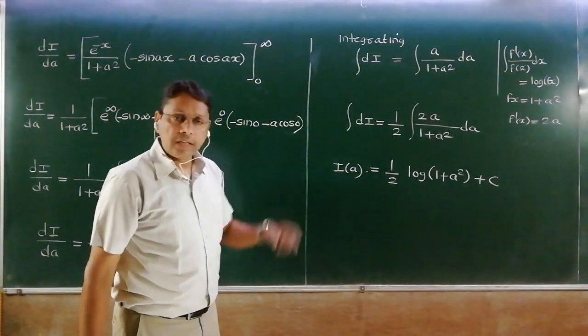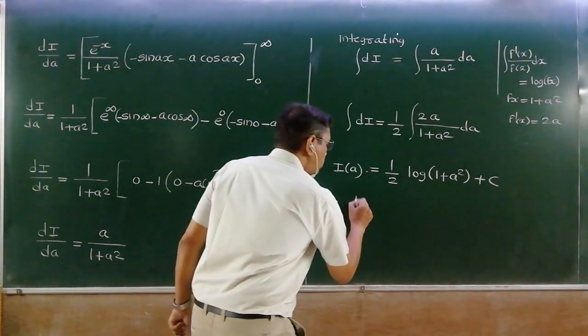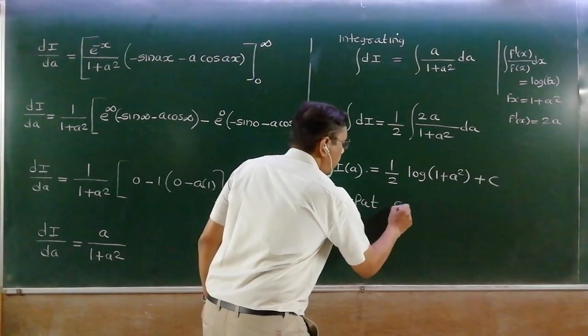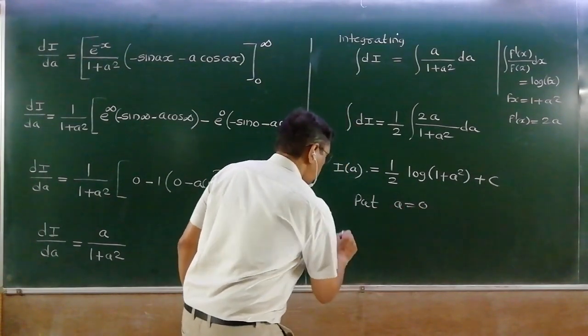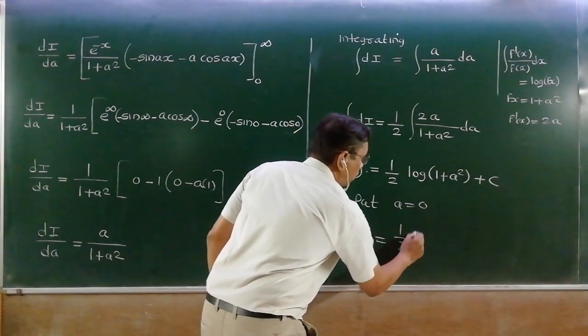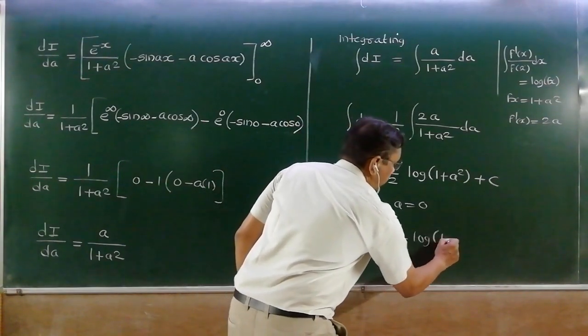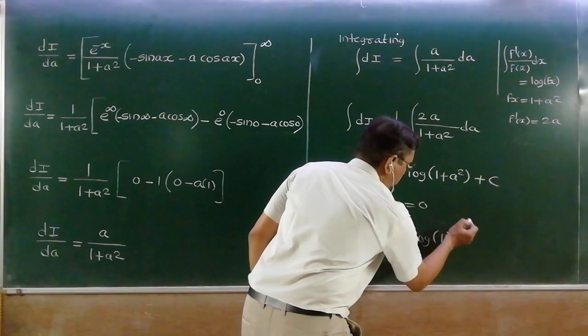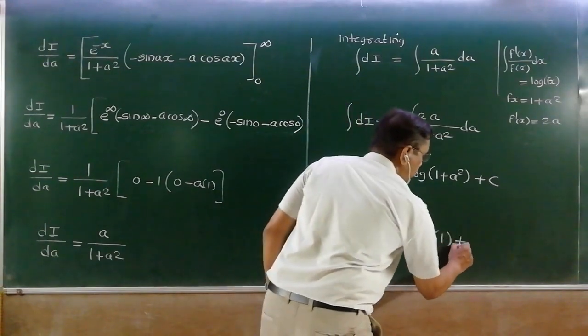Now to find c, put a equal to 0. So it is 0 equals 1/2 log 1, because a square is 0.